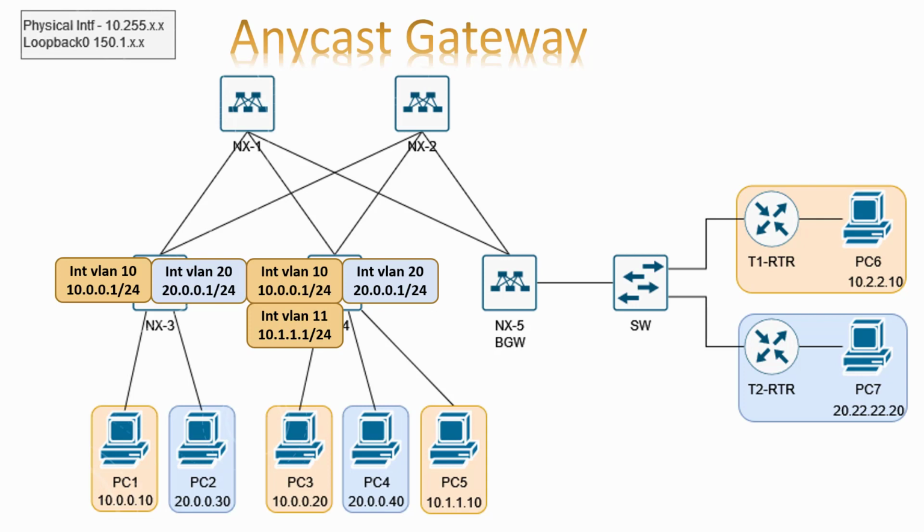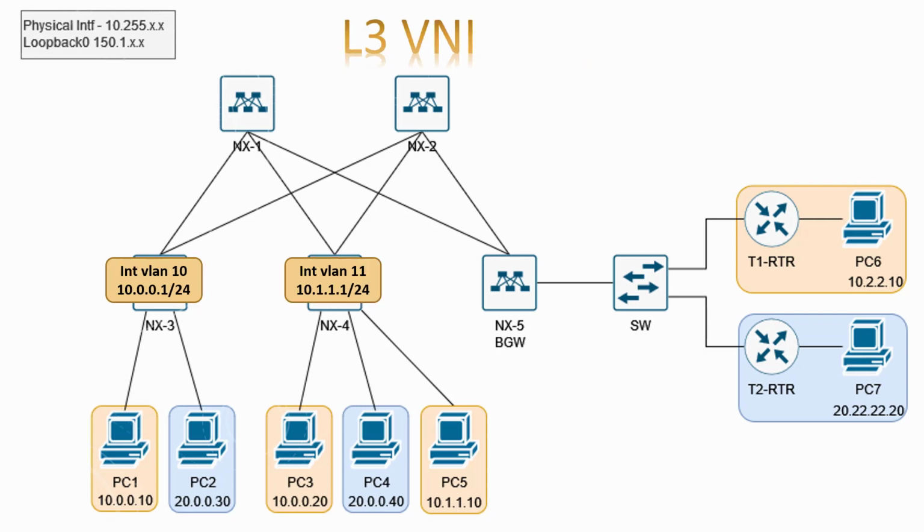So let's look at one other concept. This is how it's going to route, and it's called the layer 3 VNI. We already saw how layer 2 VNI works and how it keeps things separate. Layer 3 VNI is going to be used for routing the traffic. So we're going to make a layer 3 interface that's going to be used for routing.